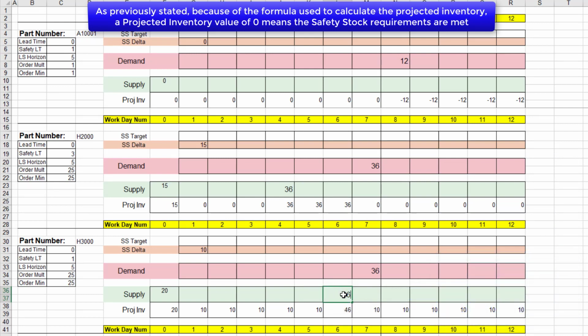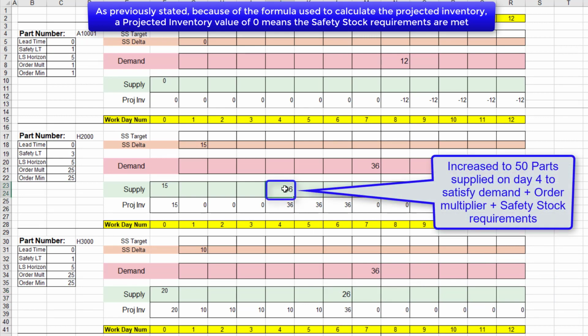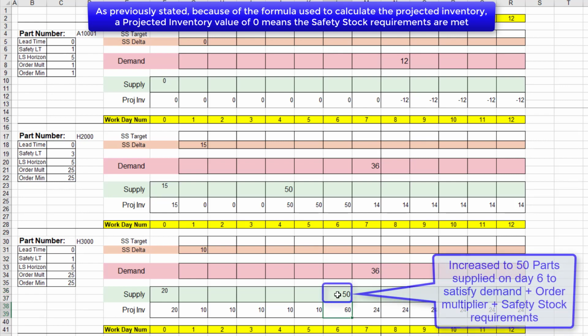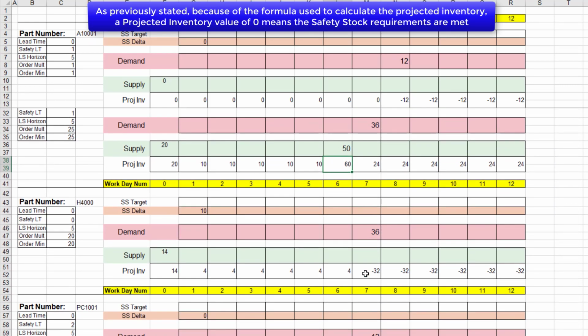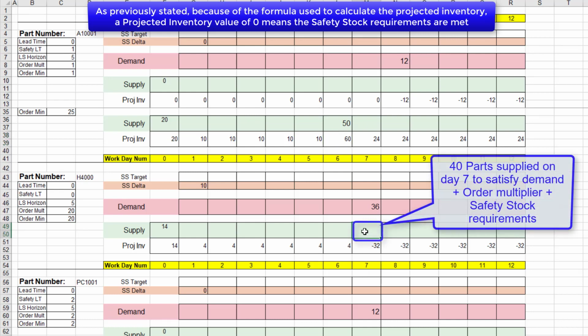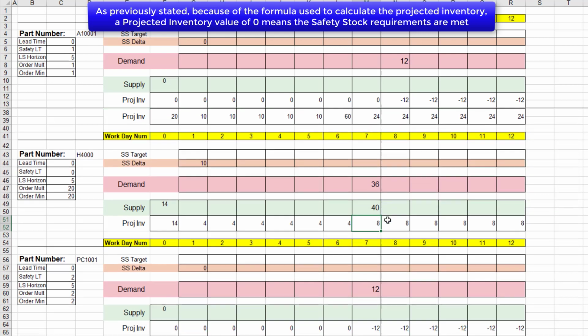However, we can't forget about the order multipliers. So let's go back to H2000 and switch that to 50, which is the nearest multiple of 25, and the same for H3000. On H4000, the order multiplier is 20, with a 0 lead time, so 40 on the 7th is when we need them.